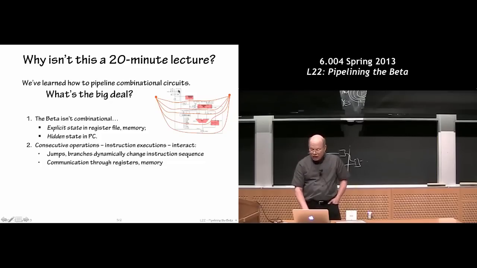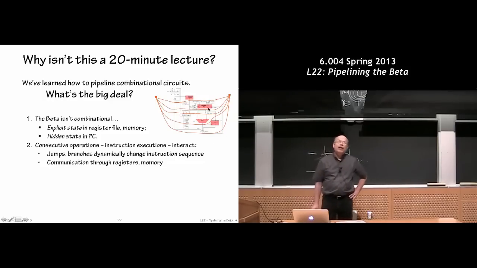You can think of the register file's W data, the write data, which is almost the last thing that gets computed. It actually gets passed way back up there and changes the state that was used very early on in the execution of the next instruction. So those are problems, okay?